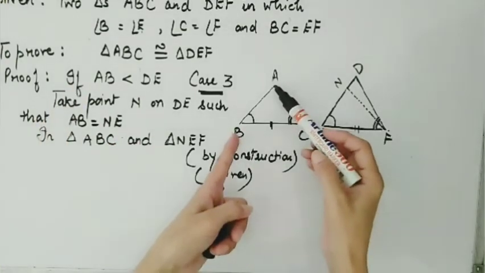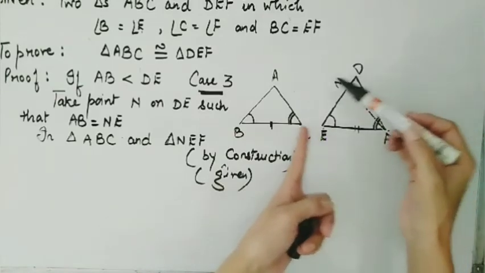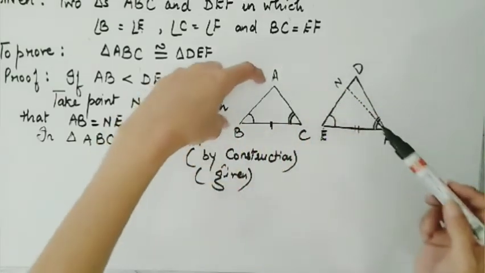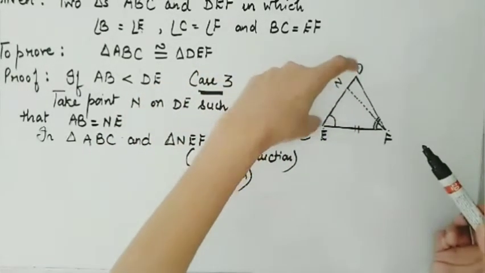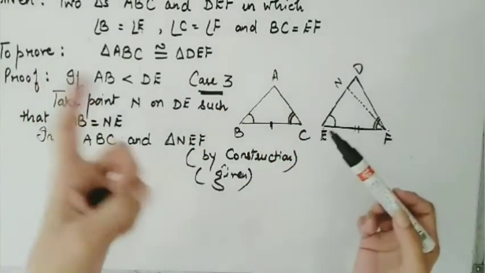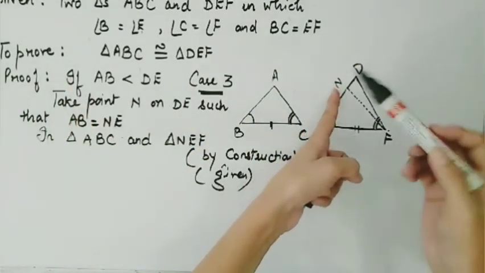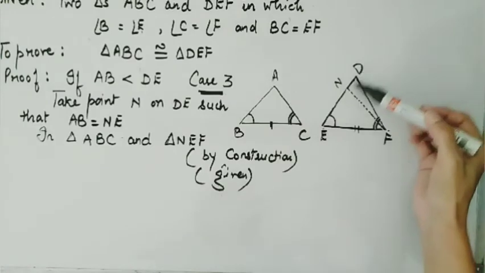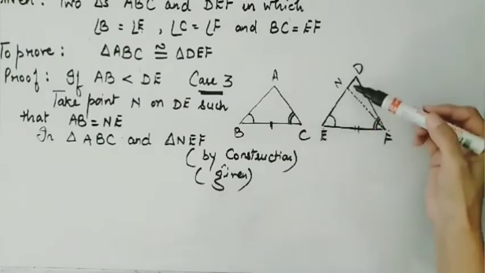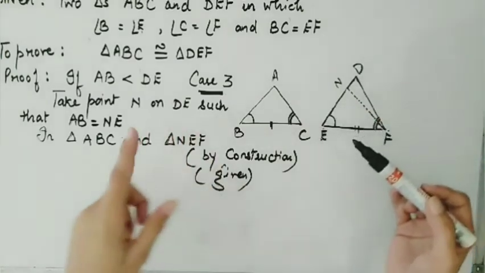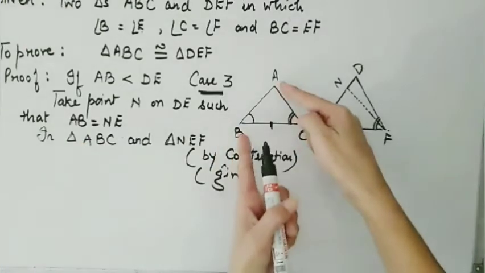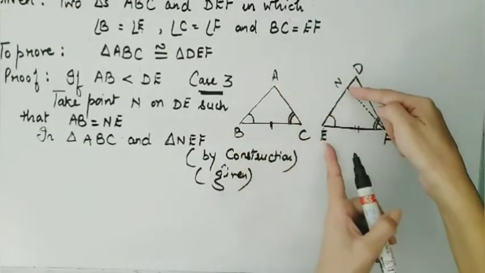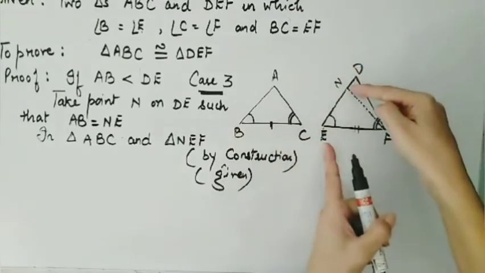In case AB is less than DE, as we can see here, if the length of AB is smaller than DE, what we need to do? We would now take point N, any other point on this side DE such that AB becomes equal to that length. So AB is equal to NE.